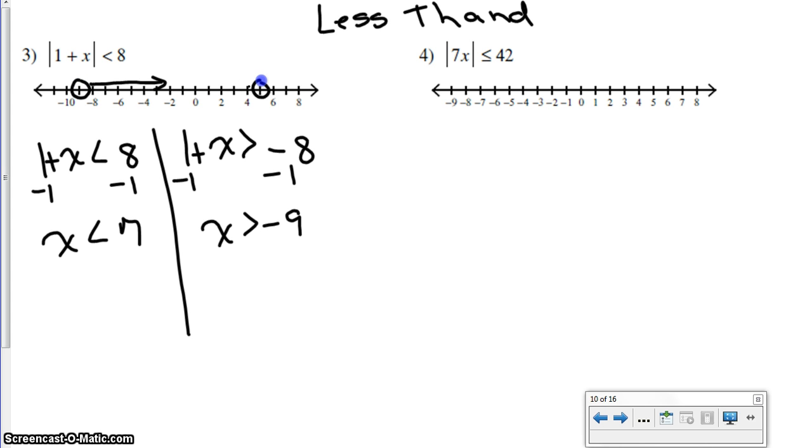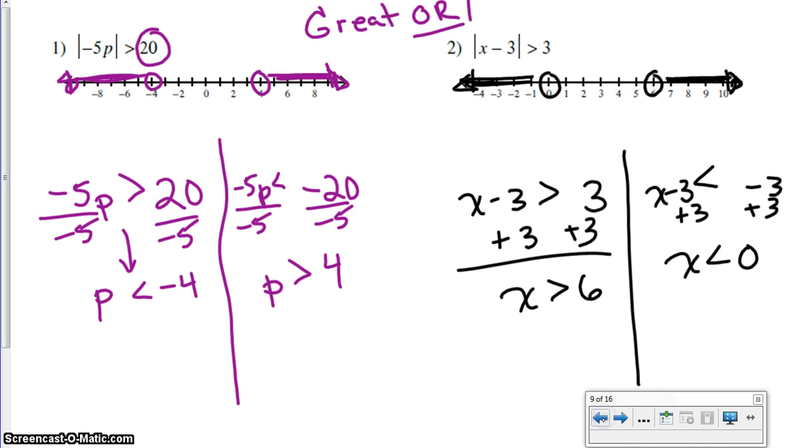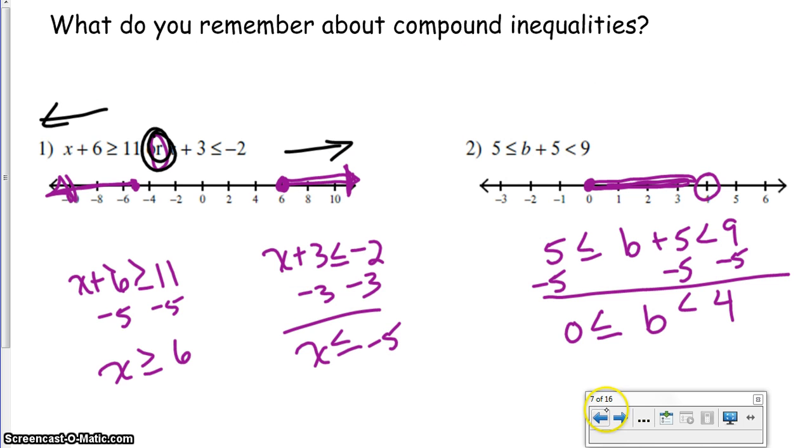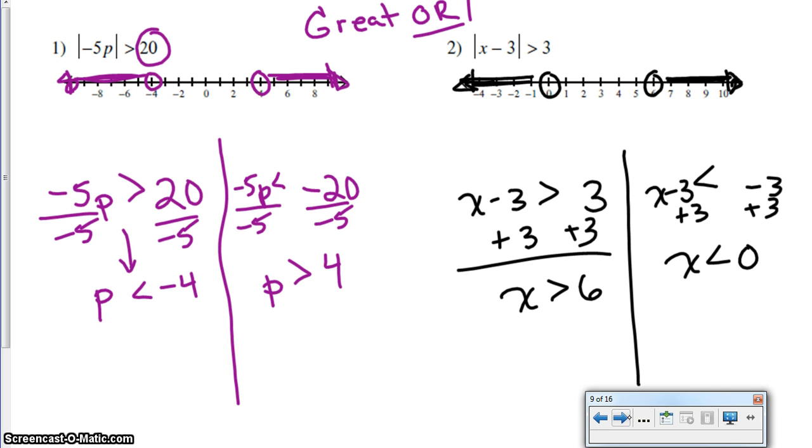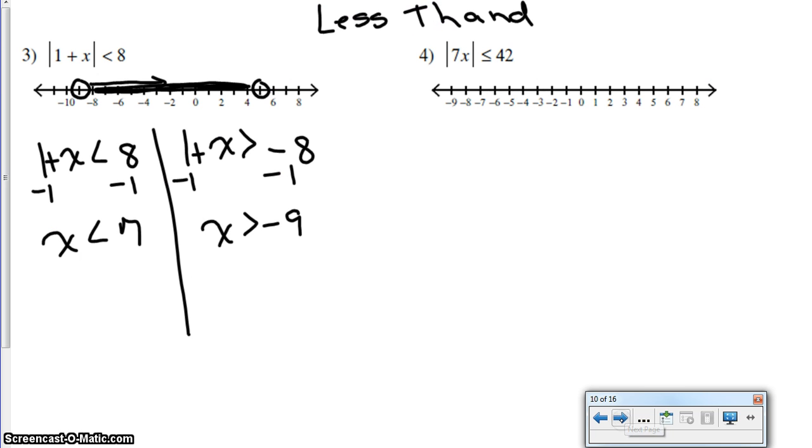Less than 7 heads this way. Oh, wait, look. Oh, wait a minute, Mrs. Rose. Take a look. What happened with and? Oh, they met in the middle. And meets in the middle. Oh, Mrs. Rose. Less than meets in the middle.